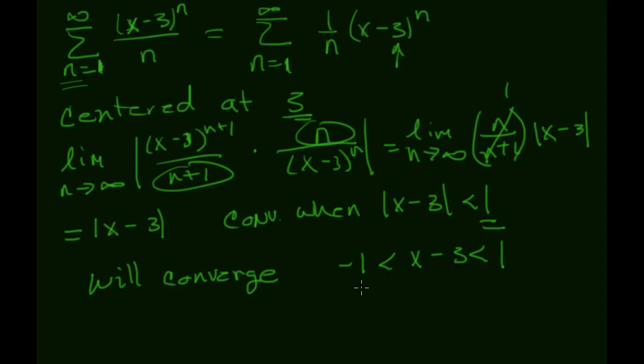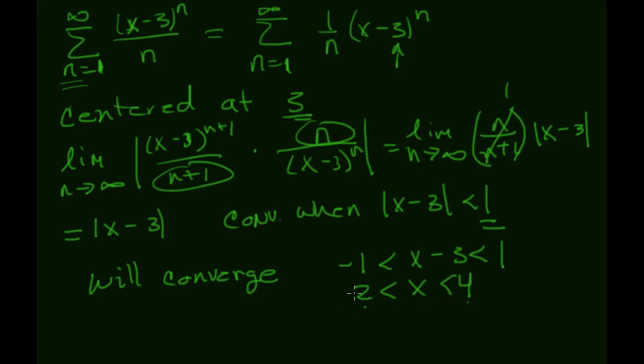That's the same as saying that 2 is less than x is less than 4. So if you think about this, we have convergence centered at 3 with a radius of 1. If I go 1 to the left of 3, I'm at 2. If I go 1 to the right of 3, I'm at 4. So I know that I'm converging on this open interval.